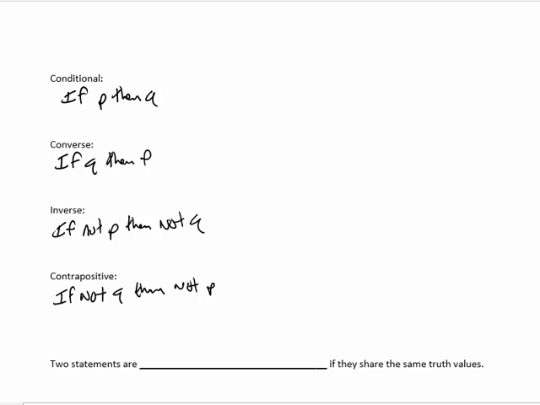So we can illustrate this with just a very simple sentence. Let's go: if it's raining, I use an umbrella. So if it rains, then I use an umbrella. Okay, so that's the conditional statement. What sentence would be the converse?